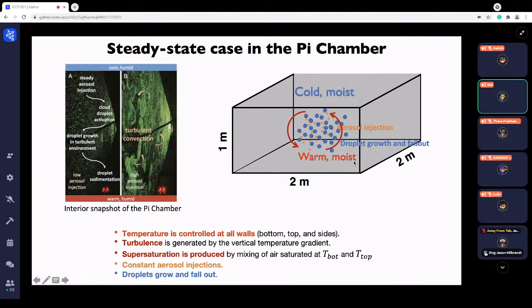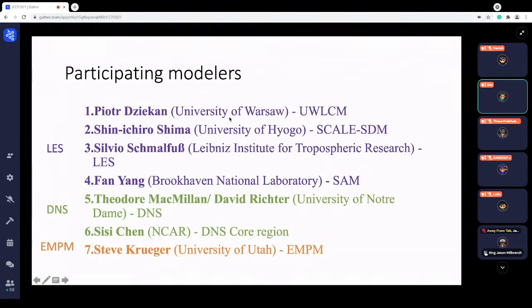The purpose of this case is to simulate the microphysical response to different injection rates during the steady state period. We have 4 different LES to simulate the entire chamber, 1 DNS for the chamber, 1 DNS for the core region, and 1 DEM-PM to join this comparison.